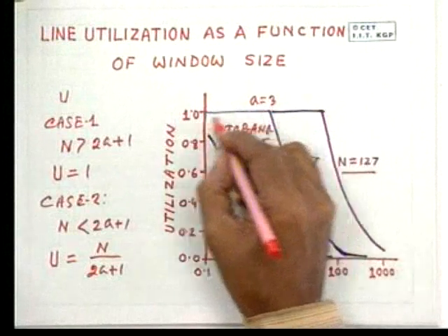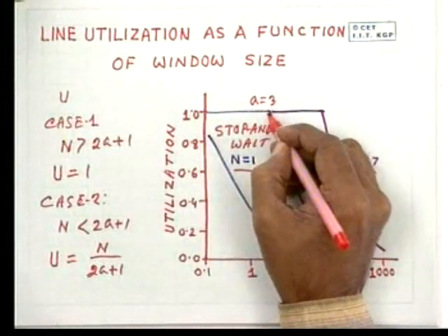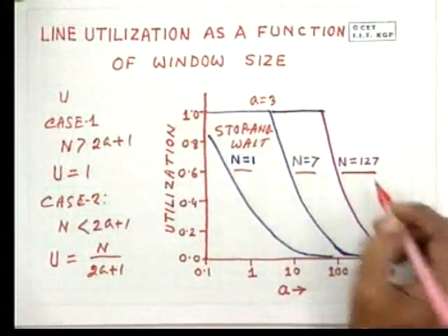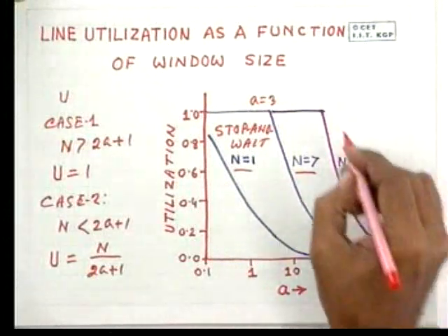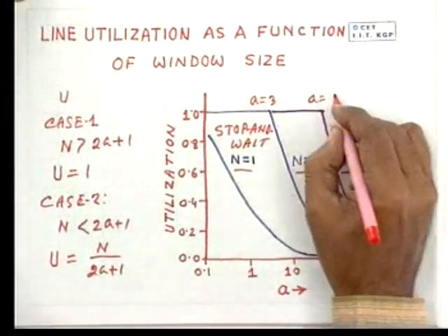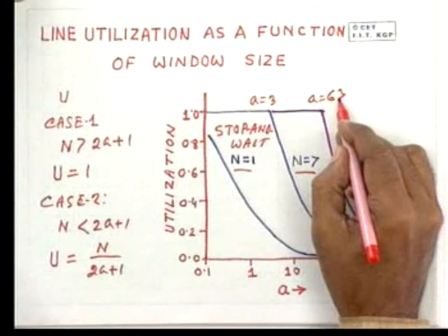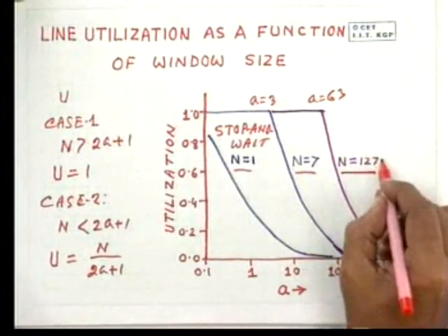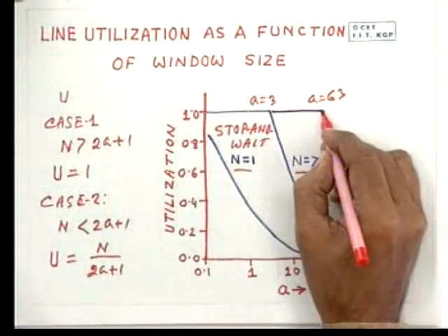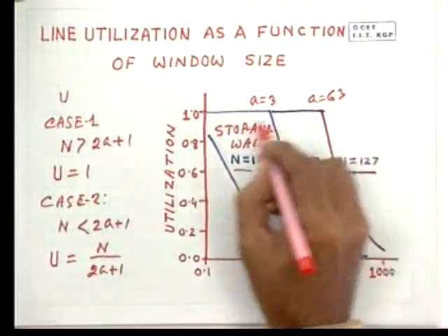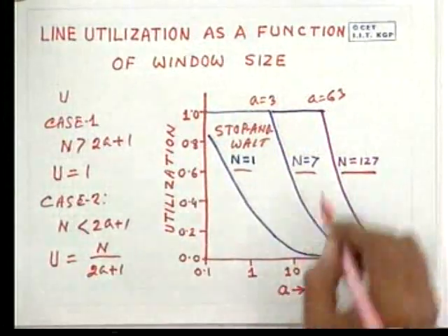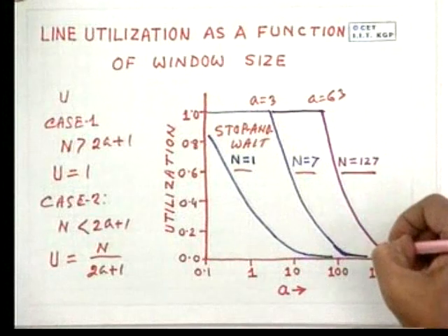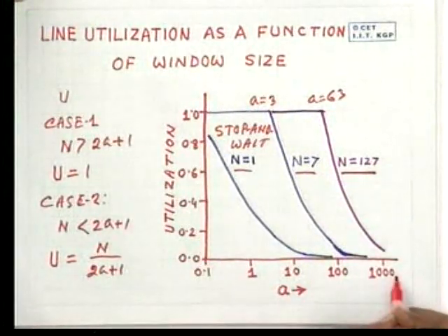For n is equal to 127, that means for a is equal to 63, 63 into 2 plus 1 is 127. So up to a is equal to 63, utilization is 100%, that means utilization is 1, and then it decreases as the value of a increases.